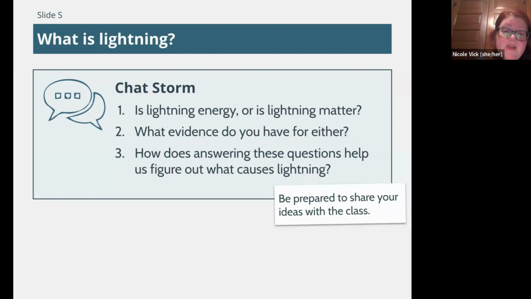And how would answering these two questions help us figure out what is causing our lightning? Okay, so go ahead and hit enter.